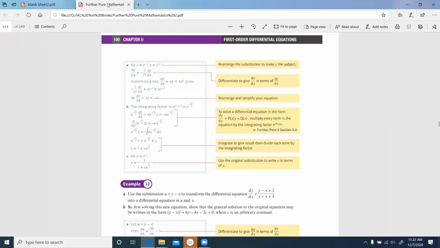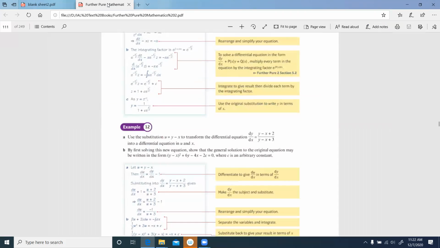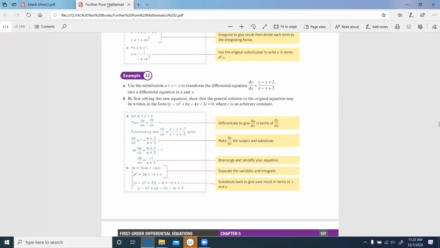Over here, they have already done this question. Right. When you come across this question today, I hope you have your textbooks with you. Right.